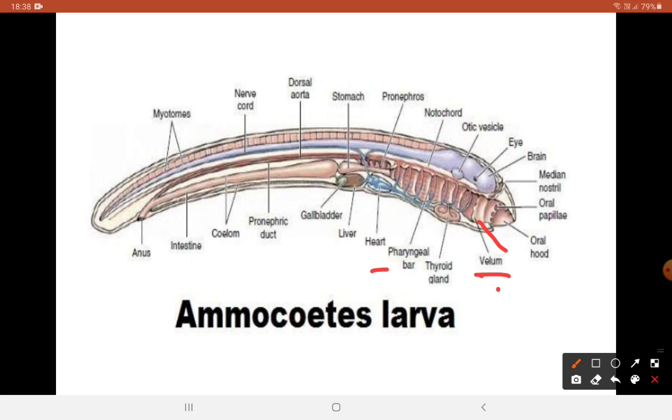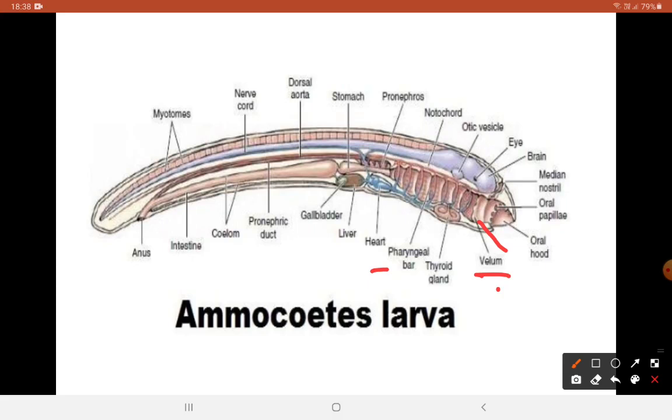Then in addition to this, liver, bile duct, gallbladder and pronephros are present in Ammocoete larva. Pericardial cavity enclosing heart connects with the coelom, and paired eyes remain hidden under the skin and muscles, and hence we said this larva is blind.